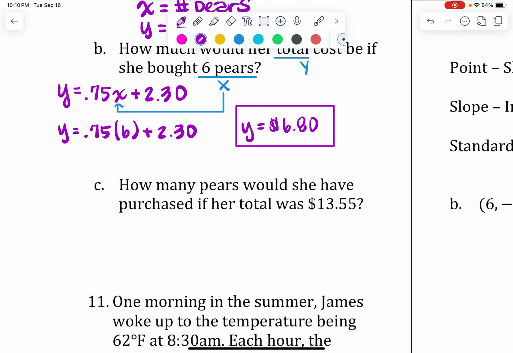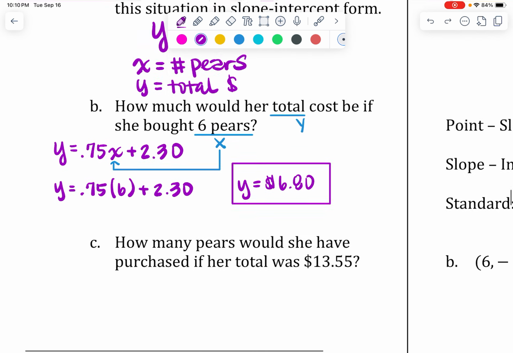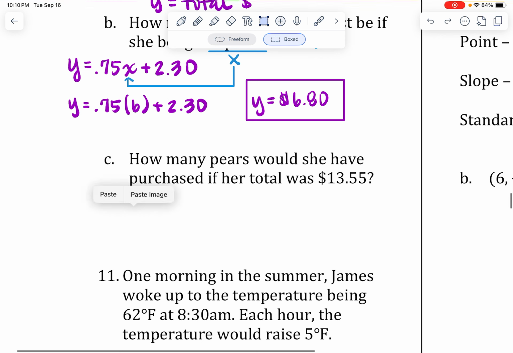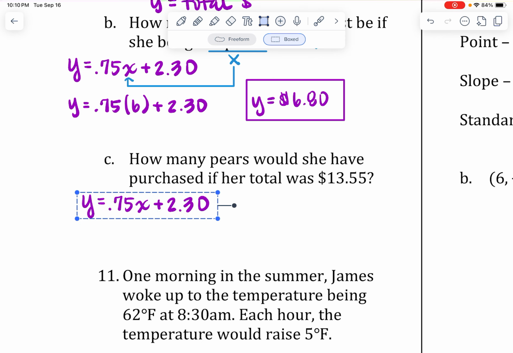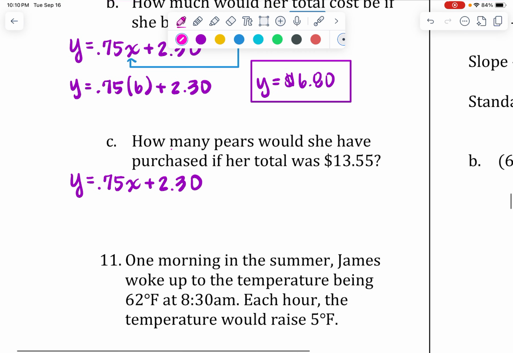All right, on the flip side of that, and this one is definitely harder. Hold on, sorry, I'm going to go copy and paste that equation again really quick. All right, so here's that equation that we wrote down. This is the one we're going to manipulate. It says, well, how many pairs? Okay, so now we're looking for x.